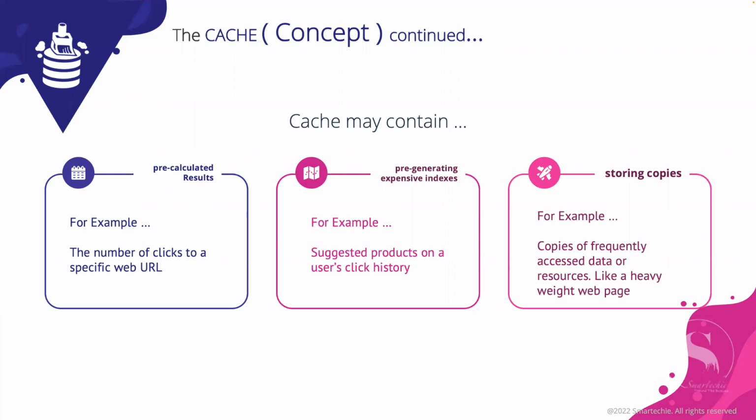So one is called pre-calculated result, right? The cache always holds the pre-calculated data set for faster response to any repeated resources, as we already saw in the previous slide, correct? For example, the number of clicks to a specific web URL, right?